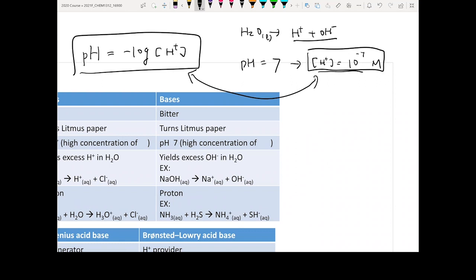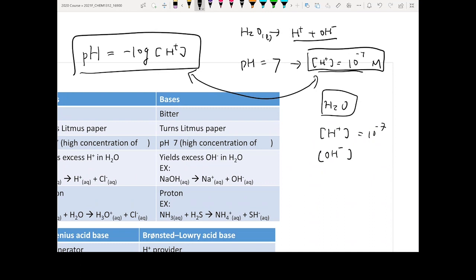Inside your water solution, the majority of the water exists as neutral H2O molecules, and only a very small portion of the water will become H+ and OH-, right? The H+ concentration and the OH- concentration are equal to 10 to the -7. The dominant species is your water molecule, H2O, but you also have a little amount of H+ and OH-.